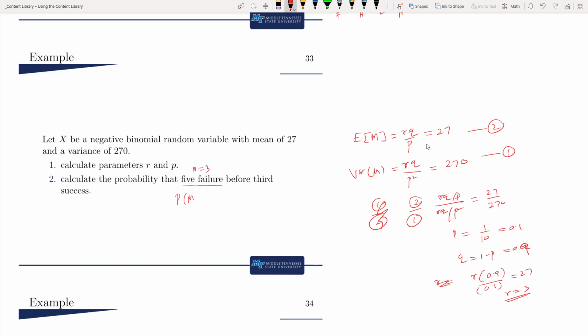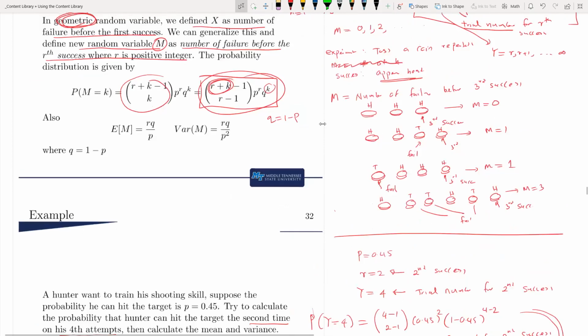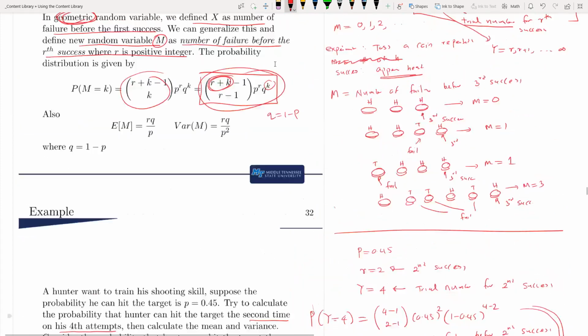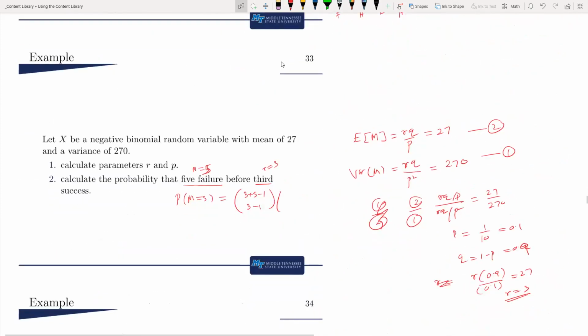My R is 3 and M equals 5, so you can use the first approach: K plus R minus 1 choose R minus 1, times P to the R, times Q to the K, with P equal to 0.1 and Q equal to 0.9. When you simplify that, you will get the solution.